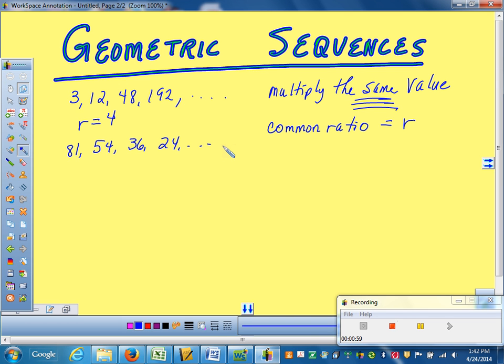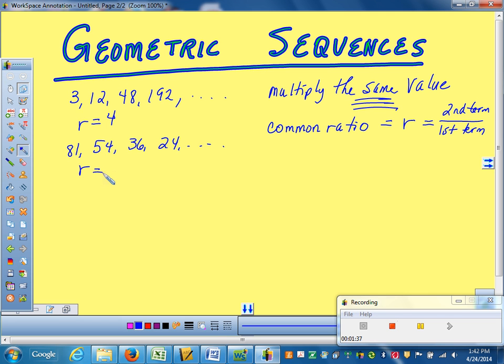On this first one, what's a mathematical way you could have figured out the ratio was 4 using those terms? 12 divided by 3, which would have meant you did the second term divided by the first term. So if you're ever in doubt, particularly if the ratio is a fraction, you may find yourself needing to do that.